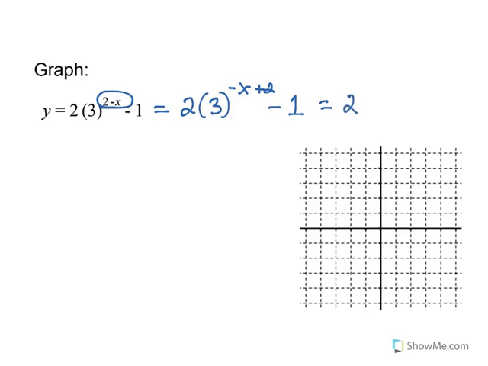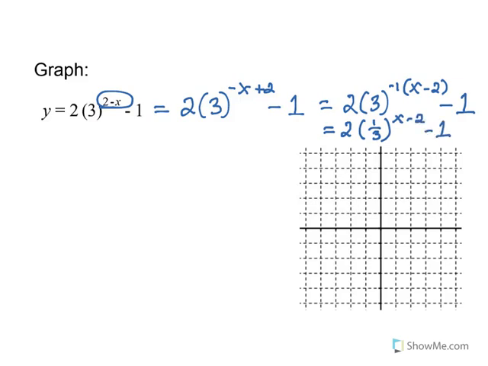So I'm going to make that 2 times 3 to the negative 1 times x minus 2, minus 1. Then I apply that negative 1 to the 3. So 3 to the negative 1 power is 1/3, and this becomes 2 times 1/3 to the x minus 2, minus 1.